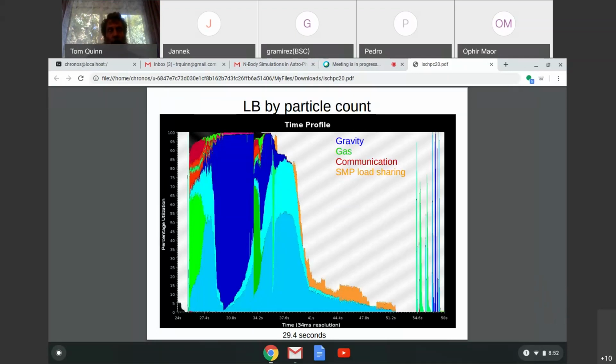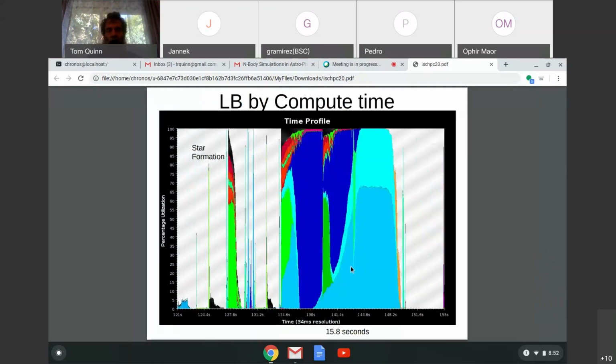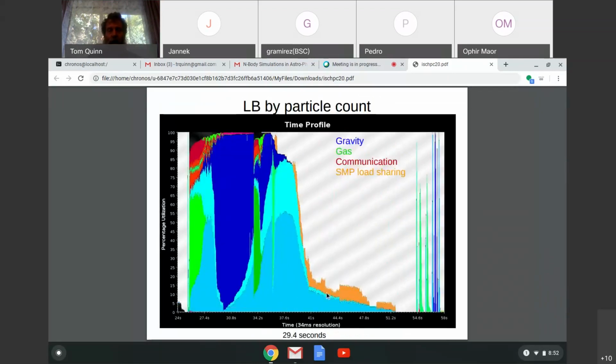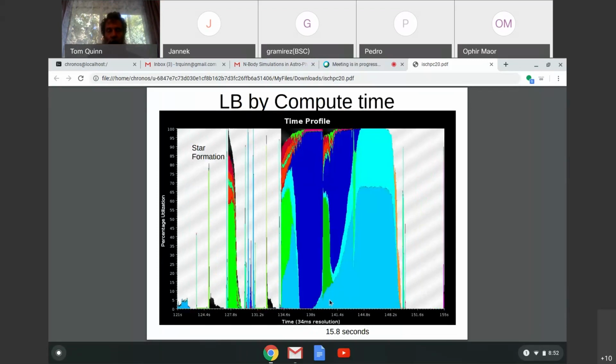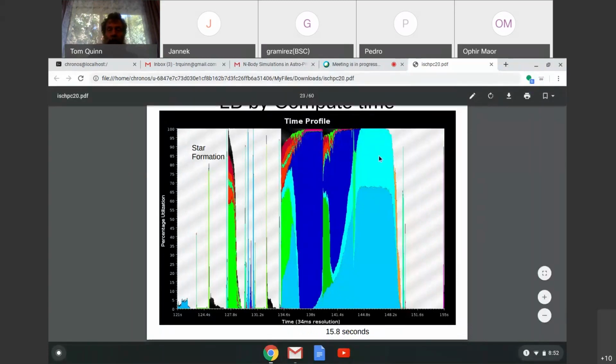If we instead load balance by the actual work, first of all, notice the total time, nearly 30 seconds, reduces to less than 16 seconds, running from the start of the gravity calculation to its finish. So this is just pointing out the importance of load balancing to make efficient use of your parallel resources.